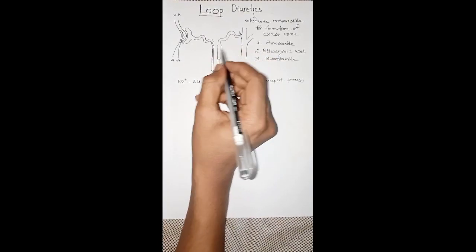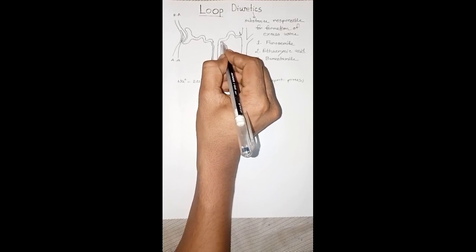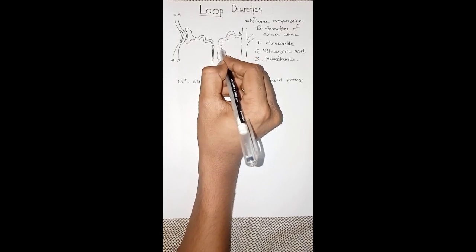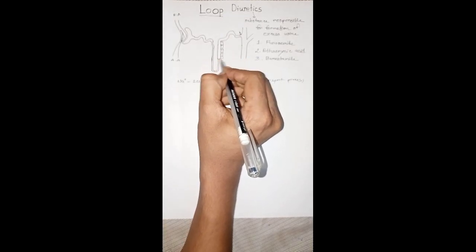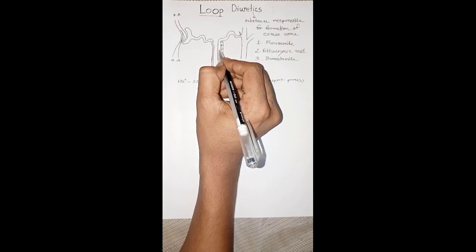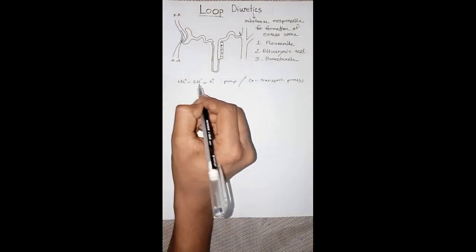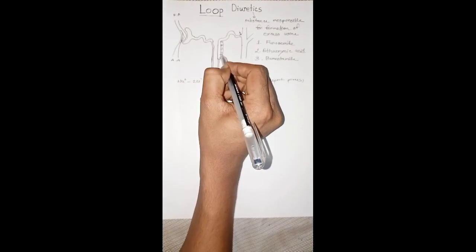This means if we imagine the tubular epithelial cells arranged this way, from the tubular lumen, the tubular fluid, sodium, 2-chloride and potassium are pumped into the tubular epithelial cells.